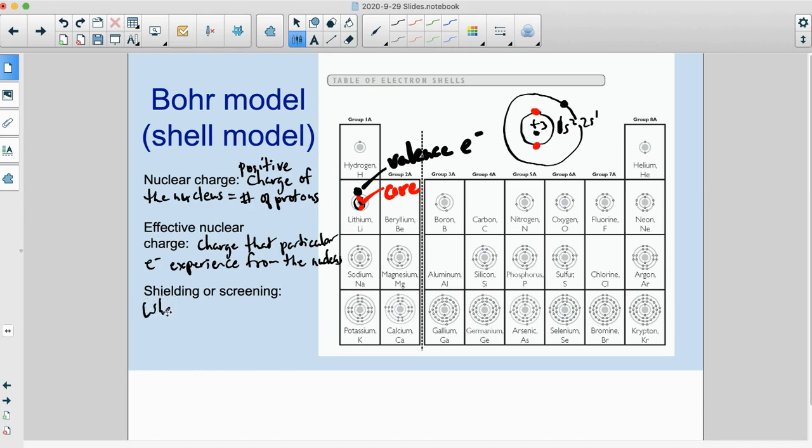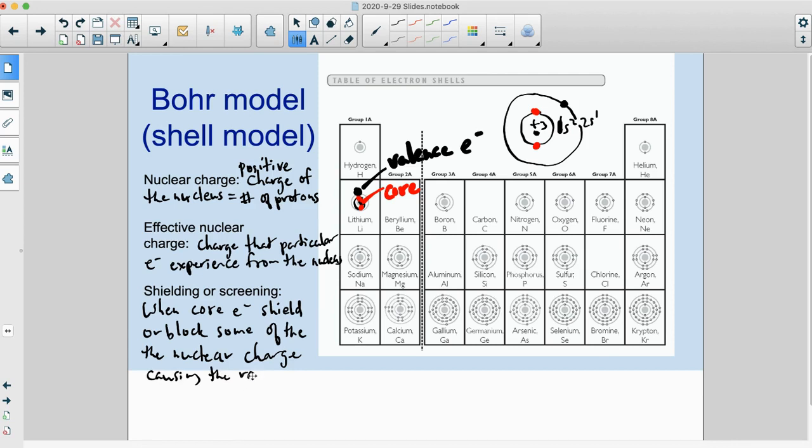This is when core electrons shield or block some of the nuclear charge, causing the valence electrons to feel less attraction for the nucleus.